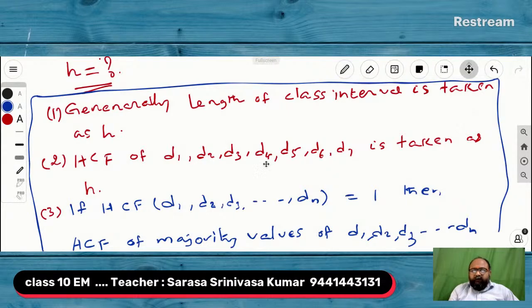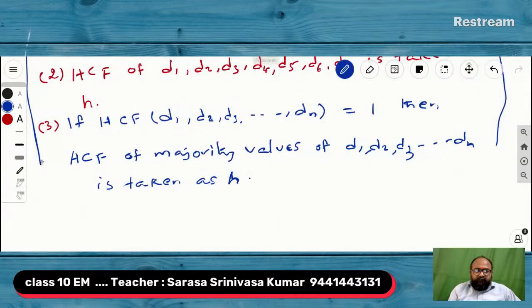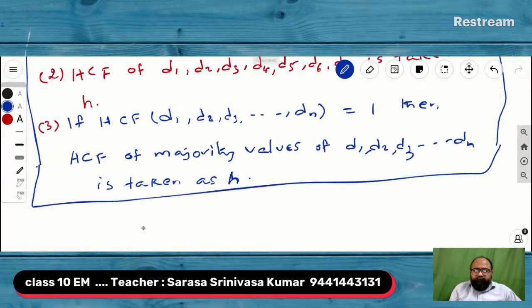Now let us see the class interval, the size of the class interval in this problem.